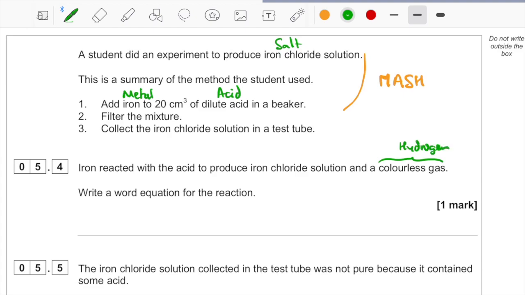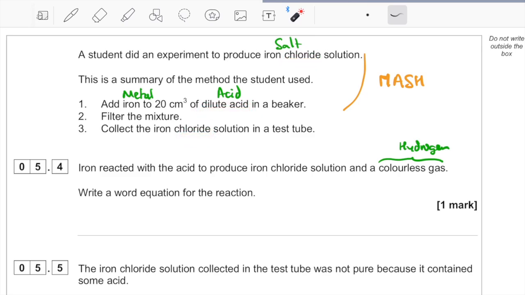So write a word equation for the reaction. Now, when you're writing word equations and they've told you what some of the substances are, and you can deduce what any remaining ones are, you must absolutely say. Now, if you're making a chloride, then the acid you're going to use is going to be hydrochloric acid. That's one of the things this question is testing.